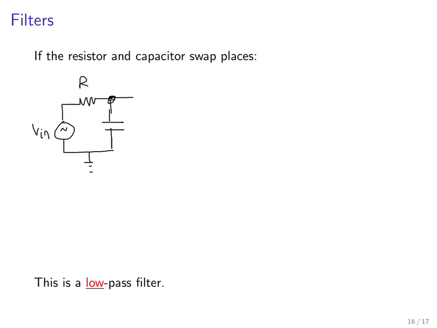So again, we have R here and C here, and then we have V out that we're measuring across the capacitor.